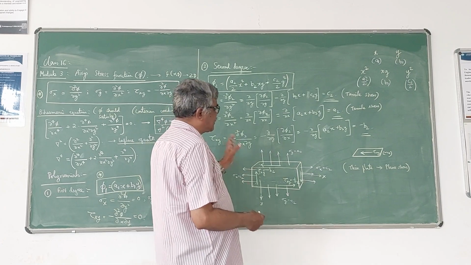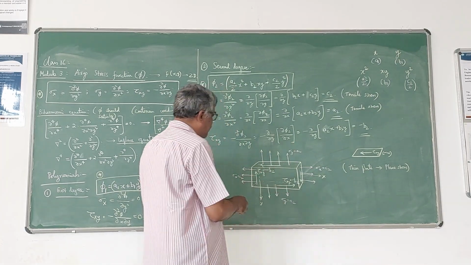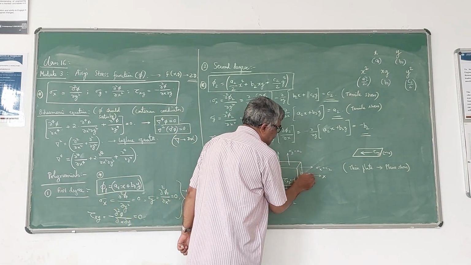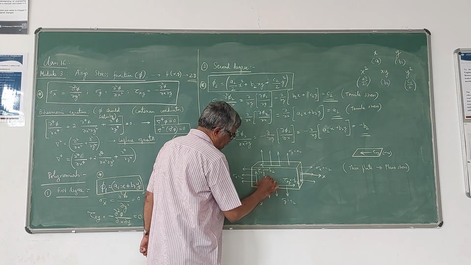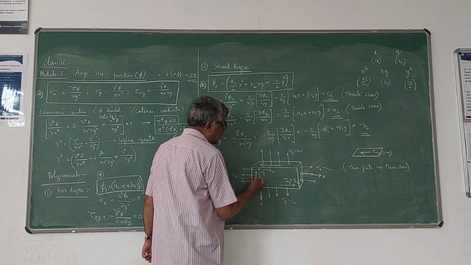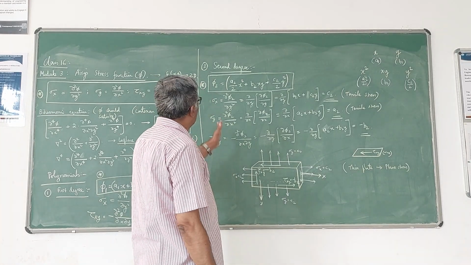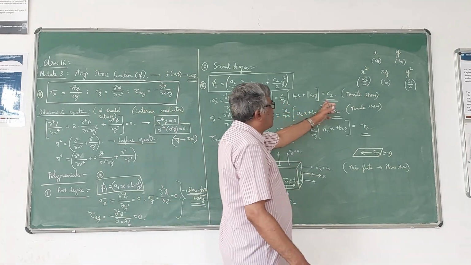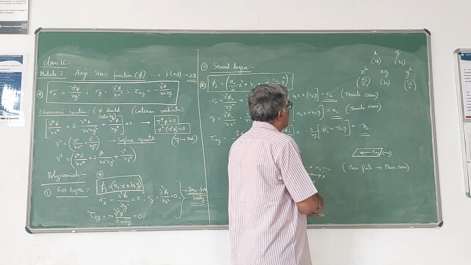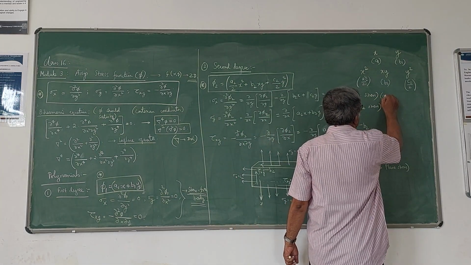Now sigma x is the stress acting in x direction. So I will take this as x direction and this as y direction. Of course, you can show either like this or like this, that is material. So whatever it is, sigma x is C2 value. Please note that this is a constant value. C2 is constant here.